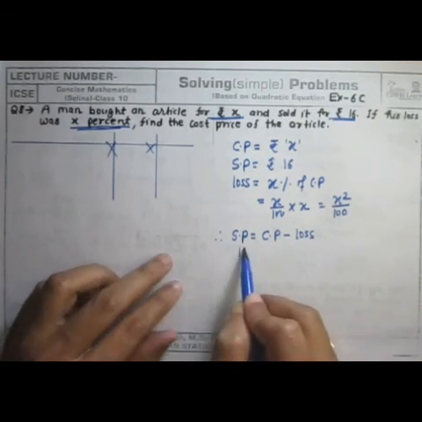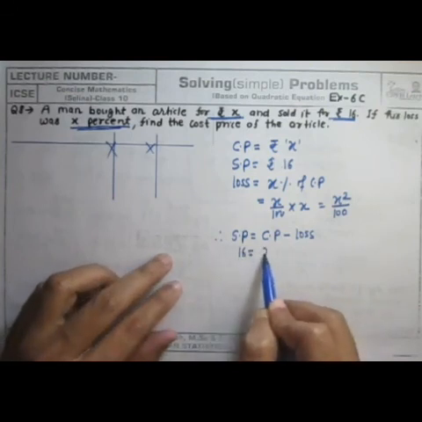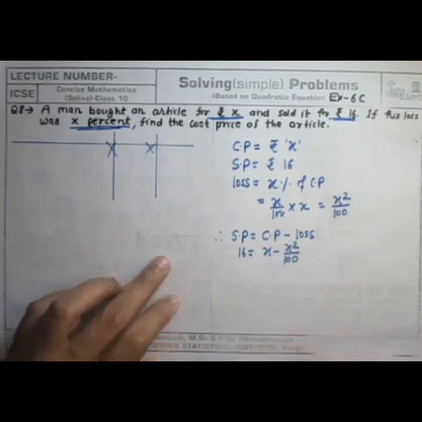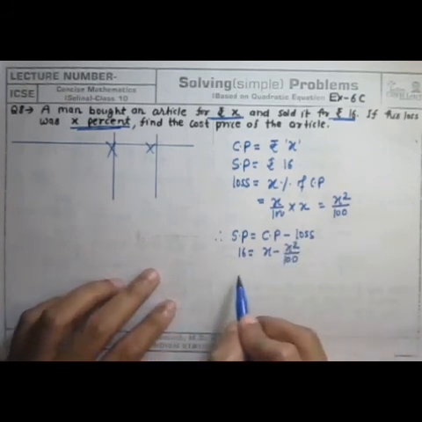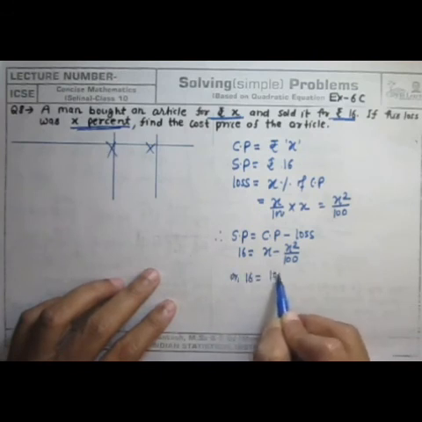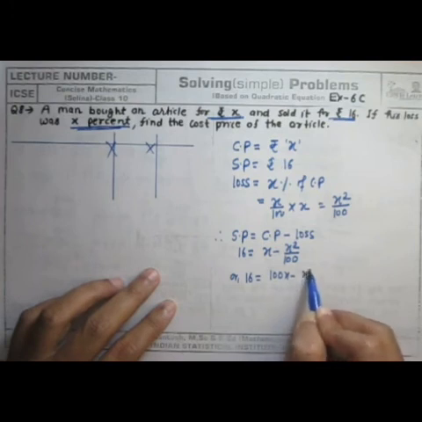So 16 is equal to x minus x square by 100. So this is the equation. Now solve this equation. So 16 is equal to (100x minus x square) by 100.